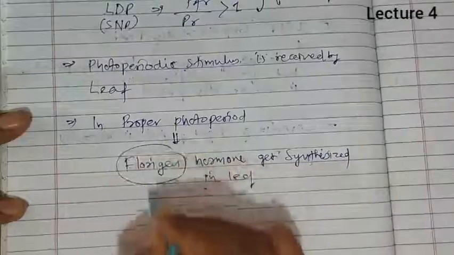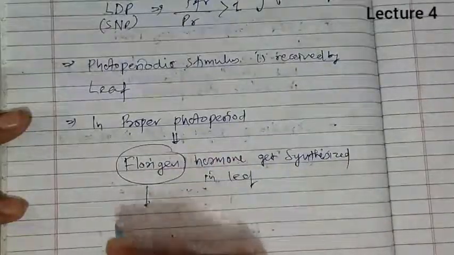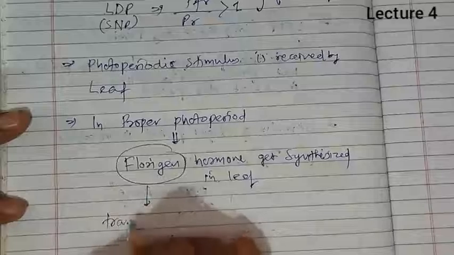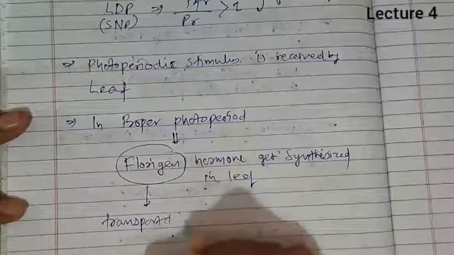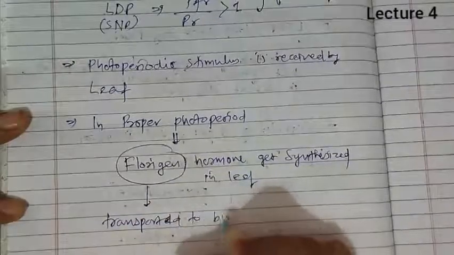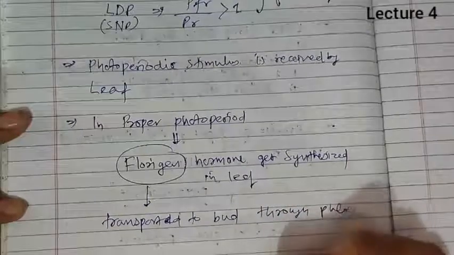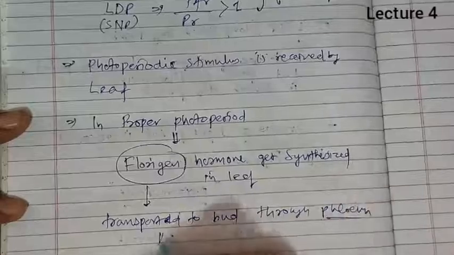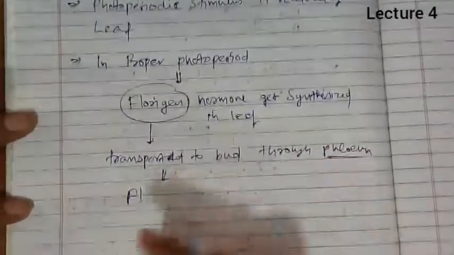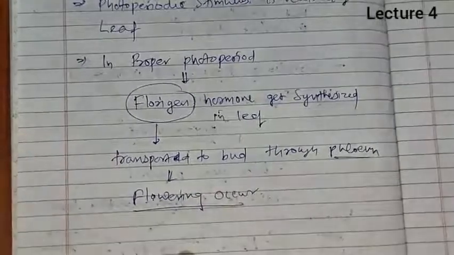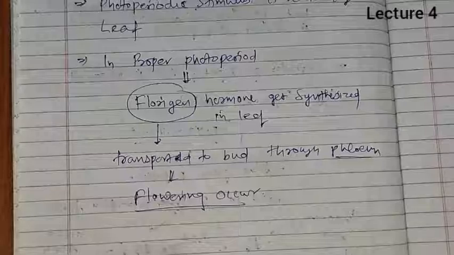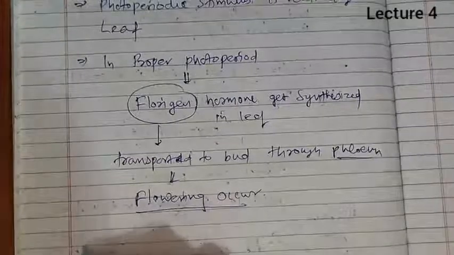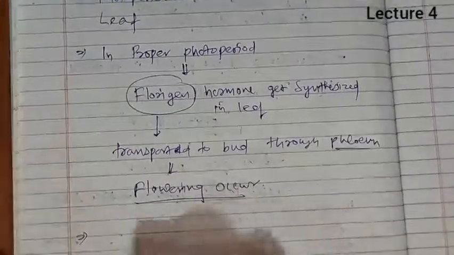Then this florigen is transported to bud through phloem and flowering occur. So this is the thing which occur during the photoperiodic stimulus.